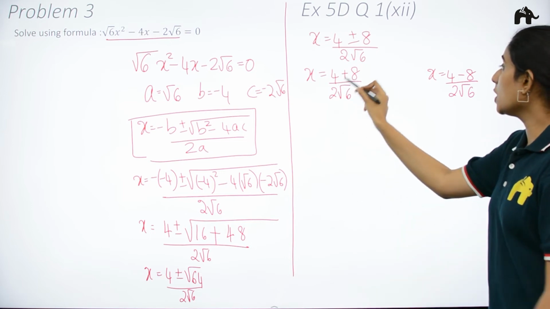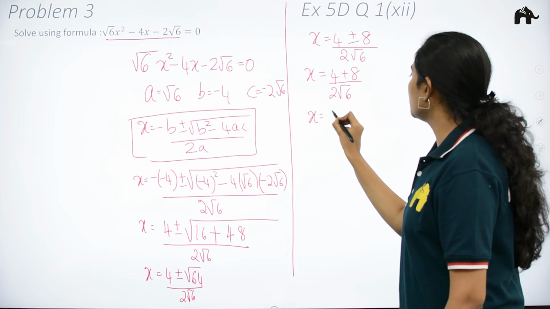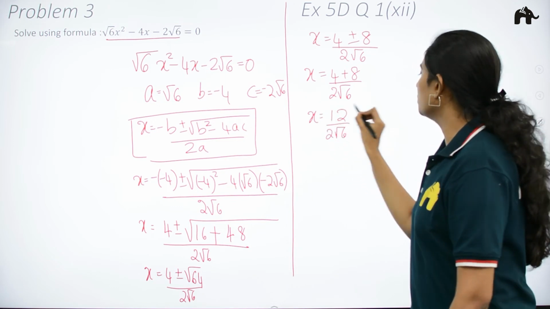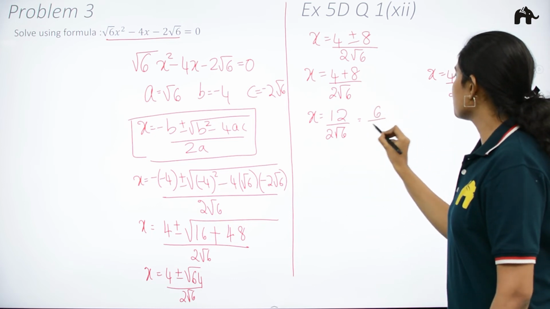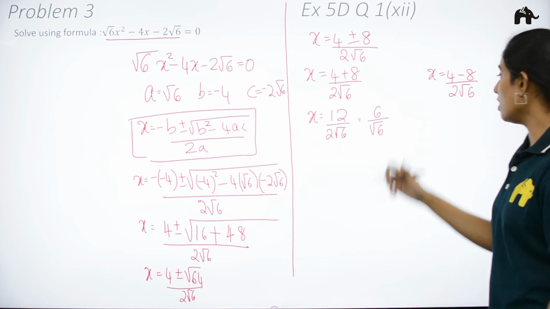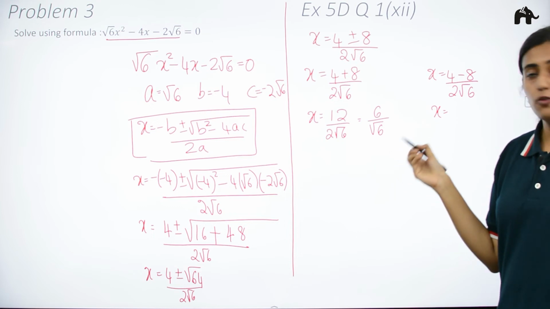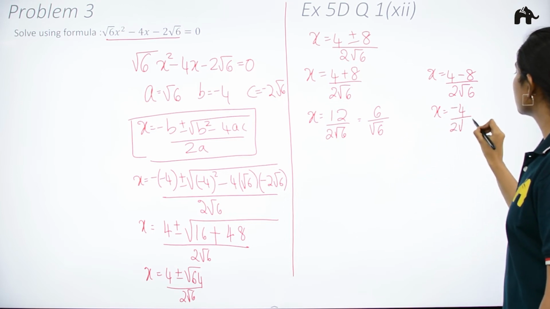4 plus 8 you get 12. X is equal to 12 by 2 root 6, which is equal to 12 by 2, you get 6, 6 by root 6, or x is equal to 4 minus 8. 4 minus 8 is minus 4 by 2 root 6.